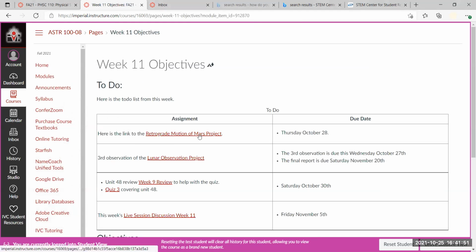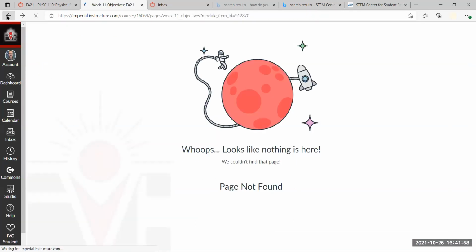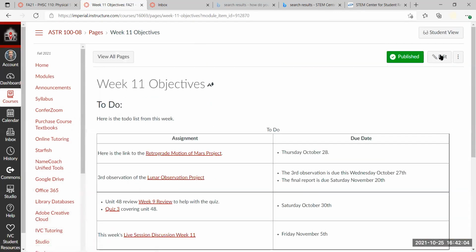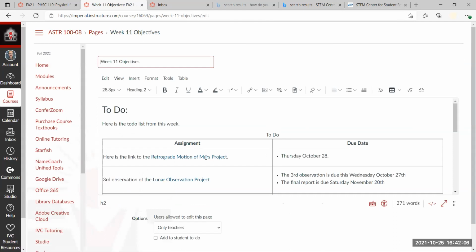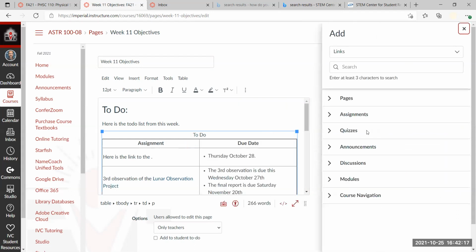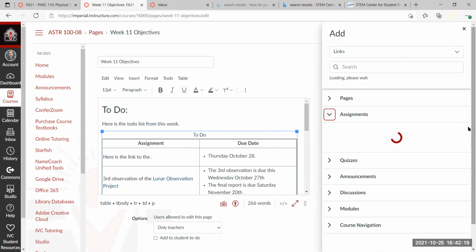I think there was an issue in here earlier with this link. It did not work. So let me see. It's not working again, so let me fix it. When I was testing it with the previous class, it did not work. So let me edit this and remove this one, and delete it. Okay, and let me insert the link again. Course link, assignments.